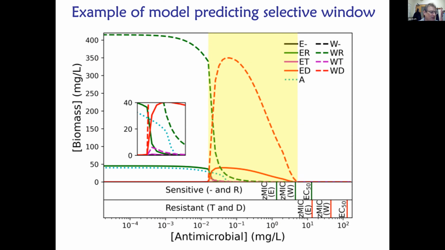So you have this window in which selection for resistance happens, and we have our population that contains a plasmid in red, different populations containing the plasmid. I don't have enough time to explain all of that. Basically, this is just to show you that the outcome of such a model would be a prediction of a selective window.